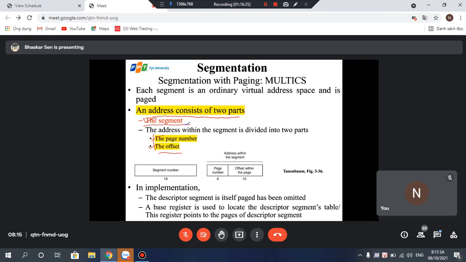The address within the segment is divided into two parts, the page number and the offset. So the page number is basically the first part of the address within the segment, and then the offset within the page. So we have the segment number, we have the page number, and we have the offset within the page itself. Okay. In implementation, the descriptor segment is itself paged and has been omitted.